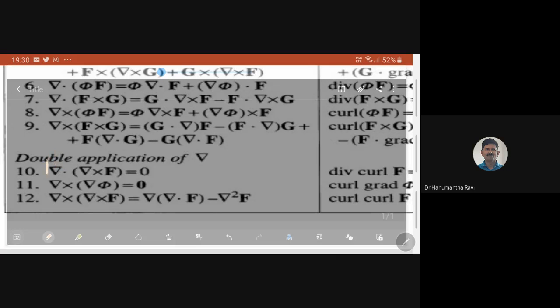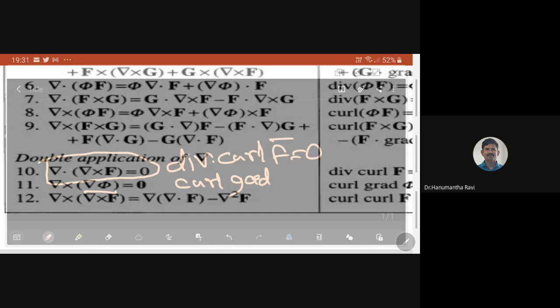Divergence, that is del dot, of del cross, that is curl f bar, is 0 always. Similarly, curl of grad phi is also 0.